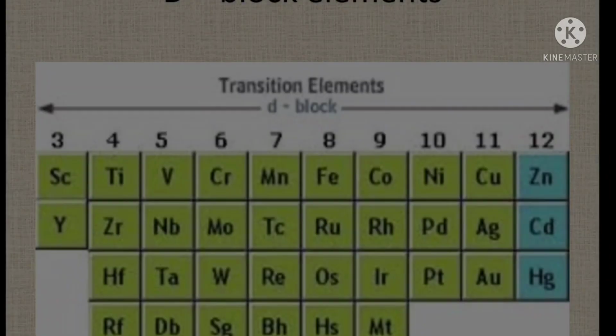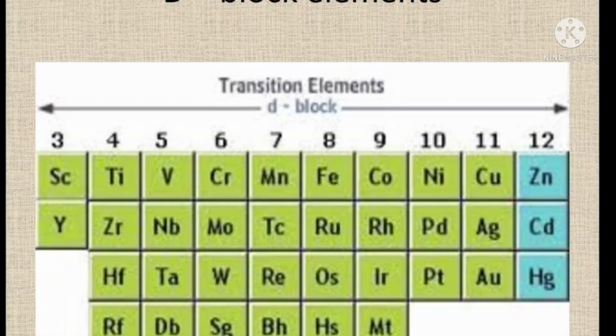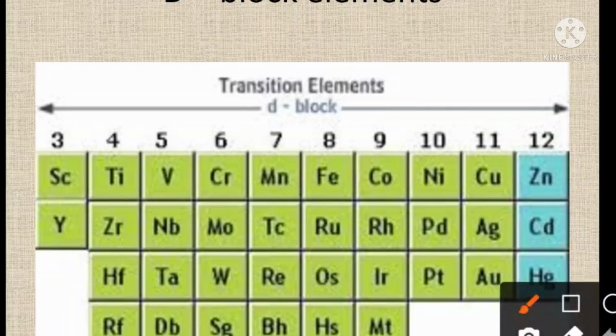Now we discuss something about D block elements. D block elements are the elements of group number 3 to 12. Why are they called D block elements? Because the last electron enters the d orbital of the penultimate shell. What do you mean by penultimate shell?